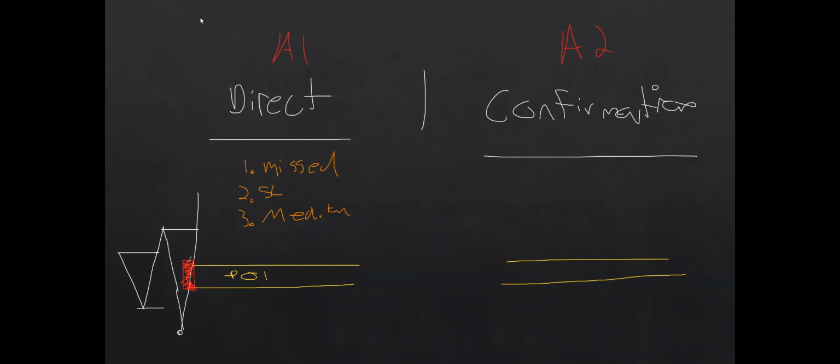So confirmation entries would be: POI, maybe when price is coming down, liquidity, let's say. It's coming down.